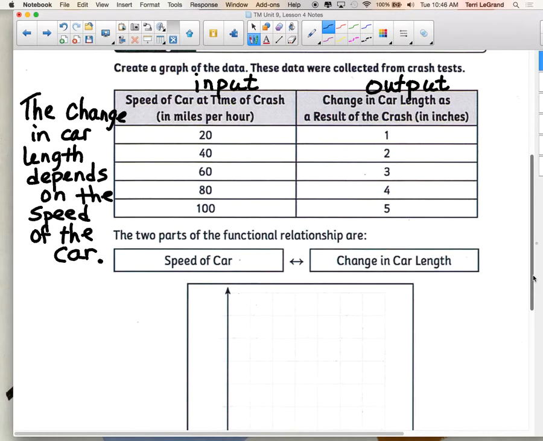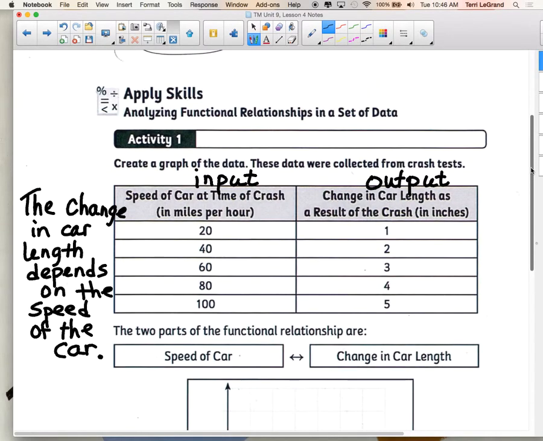Have we talked about which one is the x and which one is the y when we talked about input and output? Have we assigned either of them a variable? Okay. So the input is the x, and the output is the y in the relationship, okay? The input is the x in the relationship, and the output is the y.